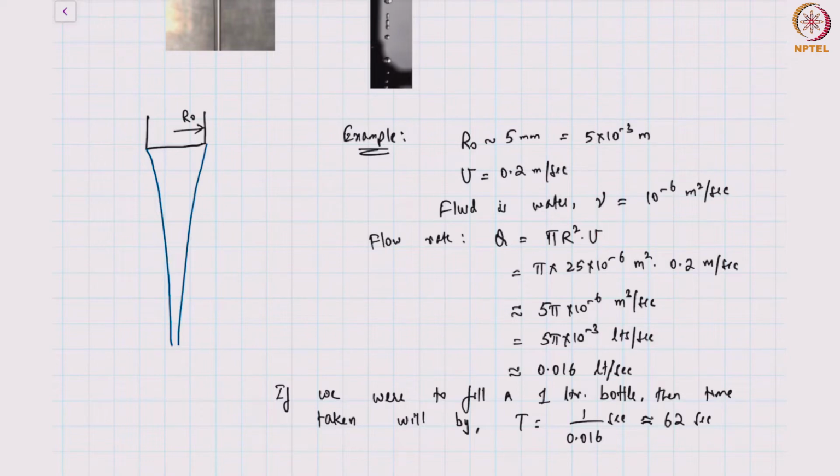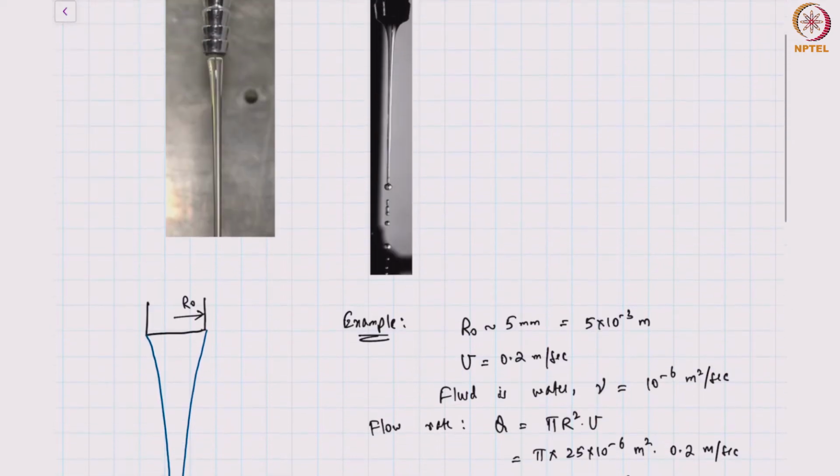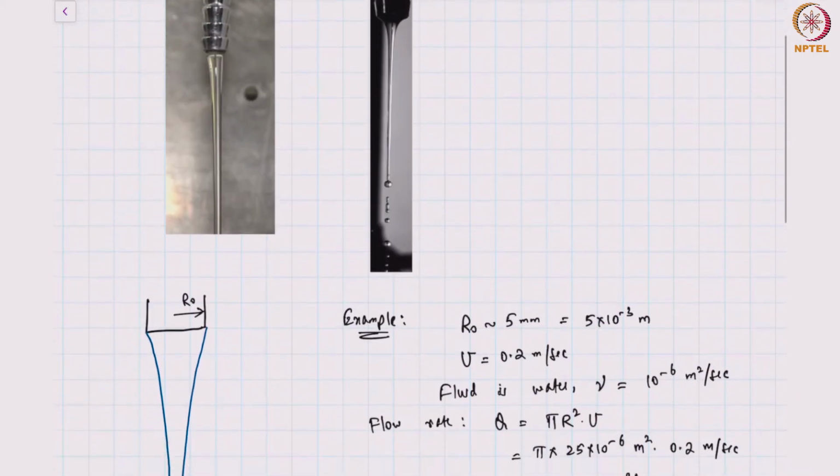So it roughly takes a minute to fill a water bottle of 1 liter capacity at this flow rate. This is sort of the common experience when we use a typical UV or an RO filter. And I specifically mention those kinds of filters, because what we're seeing here is a thin glassy jet.